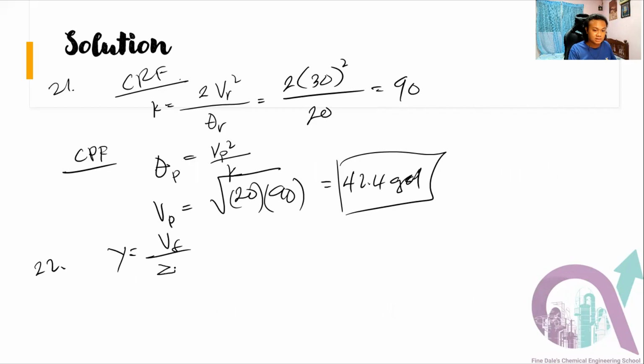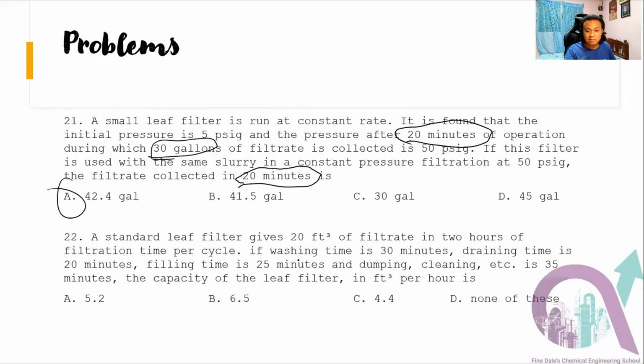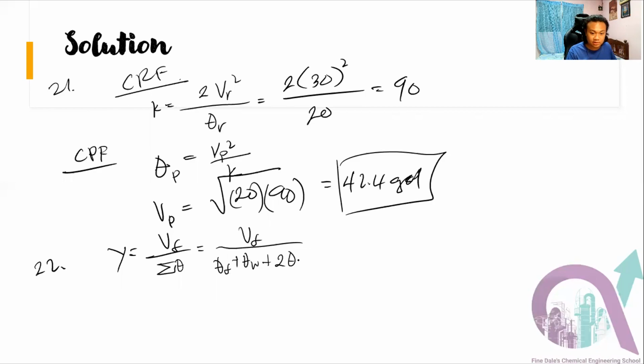So this is the summation of time. Okay, so you have, let's see, BF. So what are these? You have the time of filtration, time of washing, and then the time for draining, right? The time for draining is doubled, right?